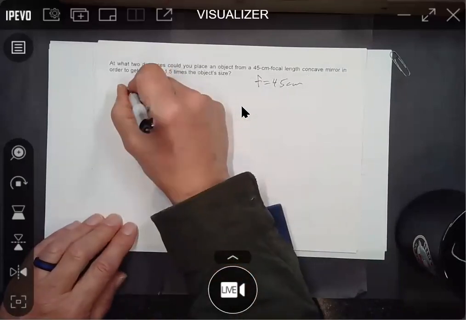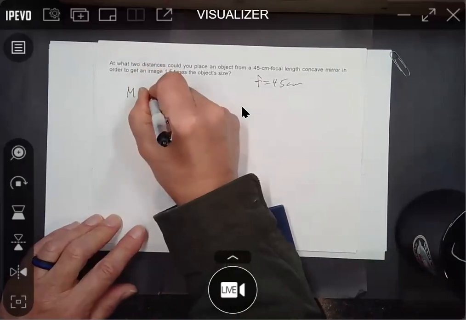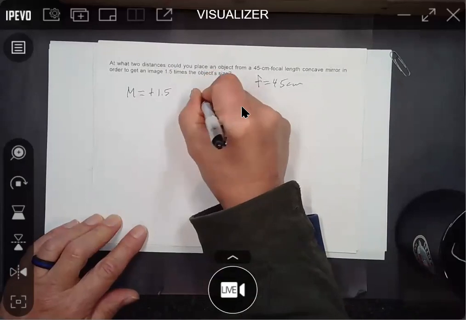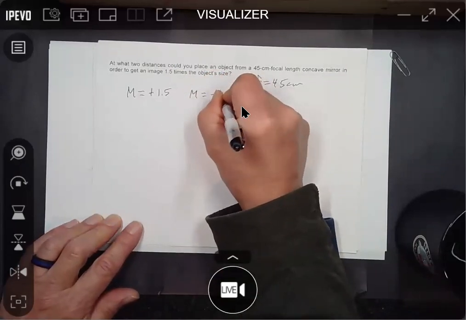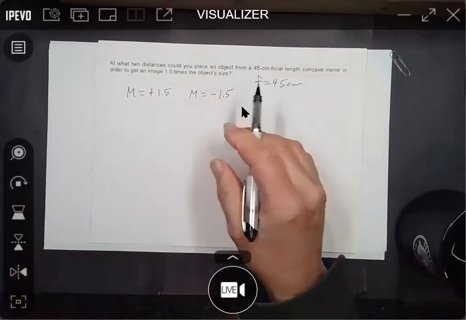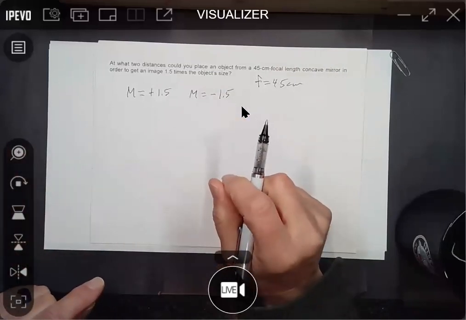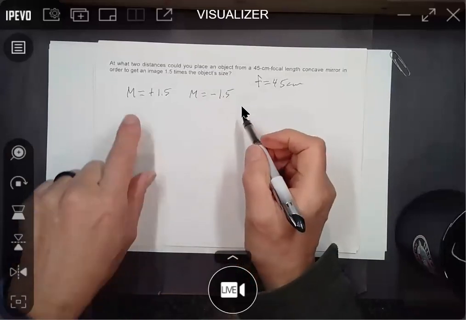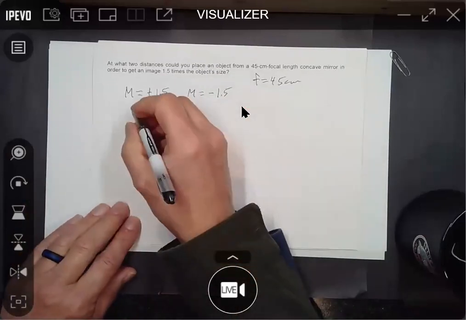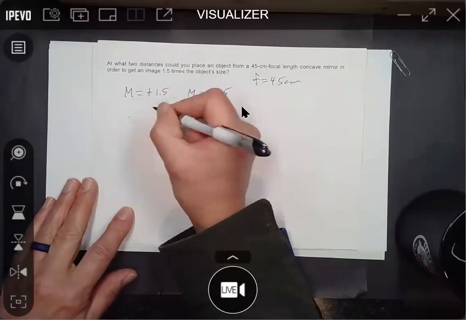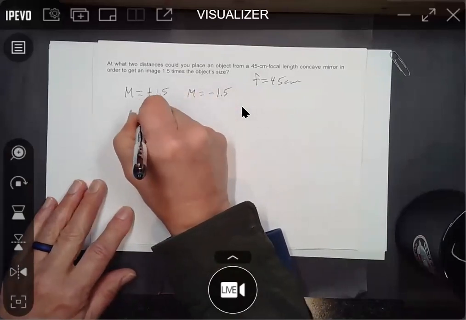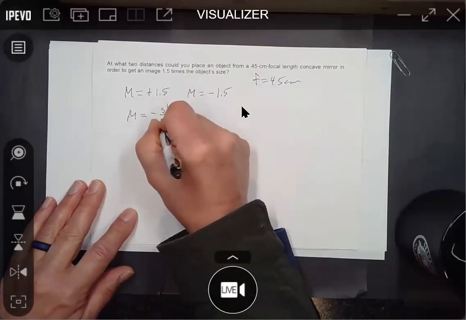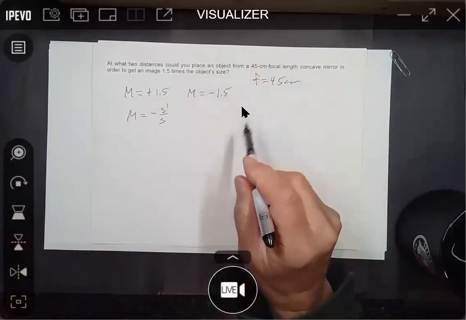That means the magnification is either going to be plus 1.5 or minus 1.5. Either way, the image will be 1.5 times the object size. In either case, the magnification is minus s prime over s every time.